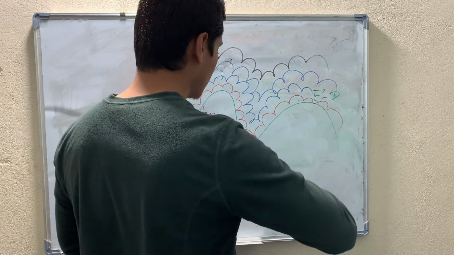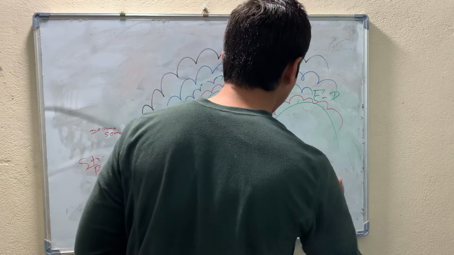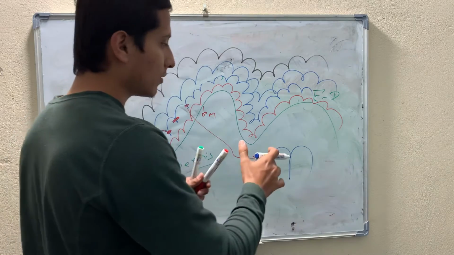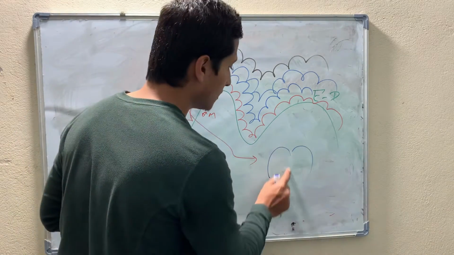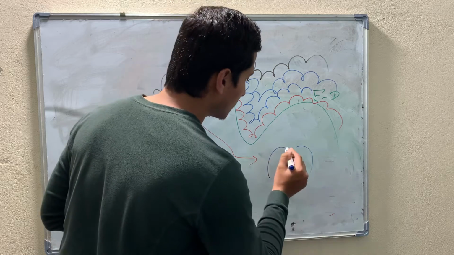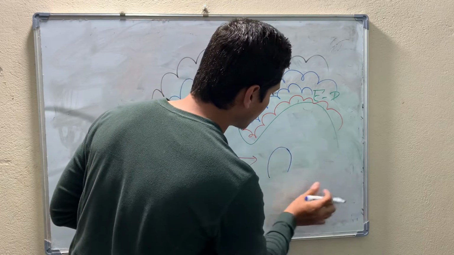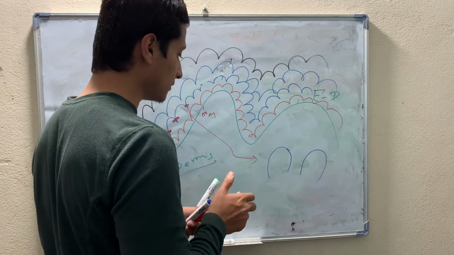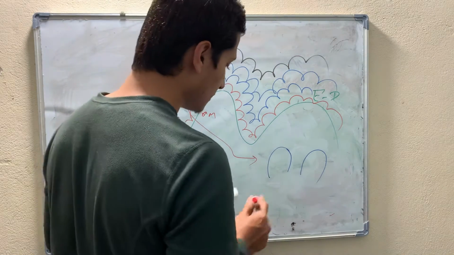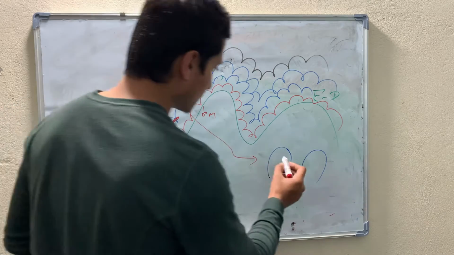Suppose these are two cells. Now we pull these cells apart, and what we see are these desmosomes.